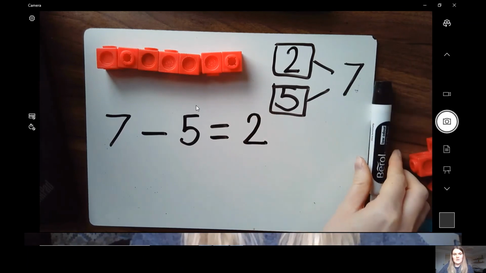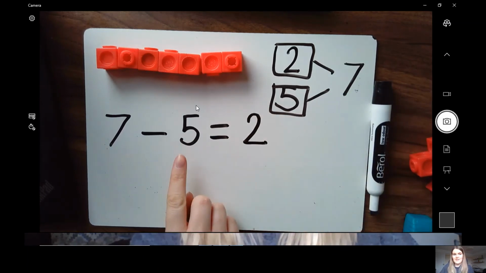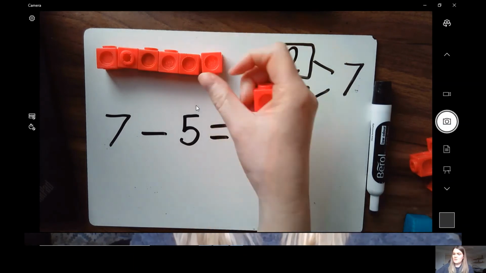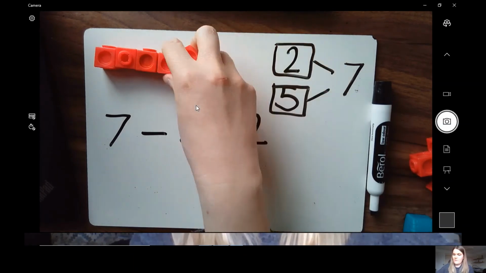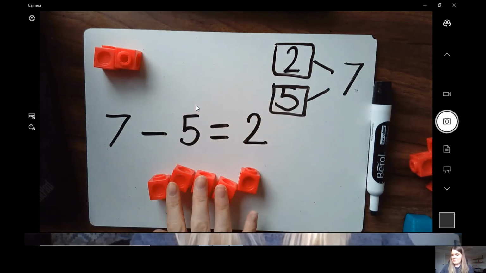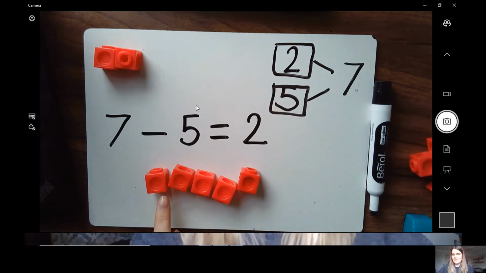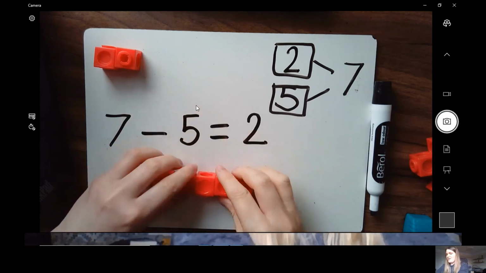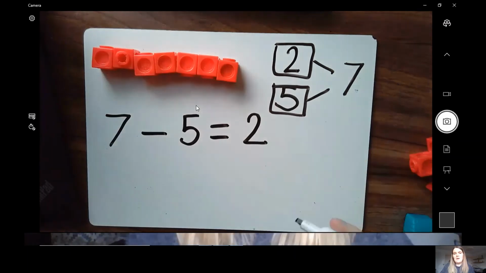And now we take away the 5. Well done. Let's take away 5. Count with me. 1, 2, 3, 4, 5. We've taken away 5. What's our answer we're left with? 2. Great work. If I want to solve another equation, what do I need to do?